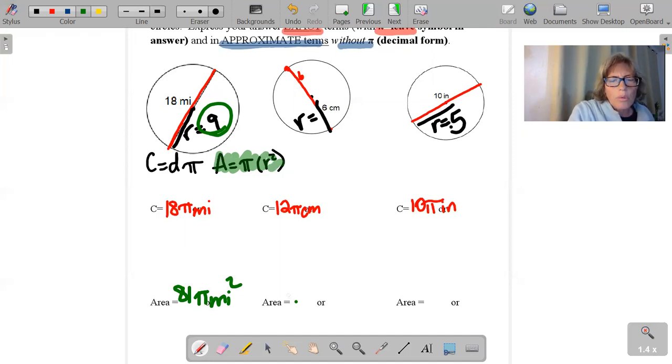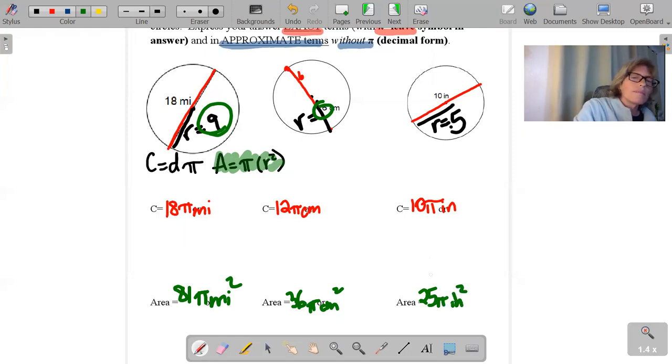Here, 6 squared is 36, 36 pi centimeters squared. Here, 25 pi inches squared. So that's area and that's circumference.